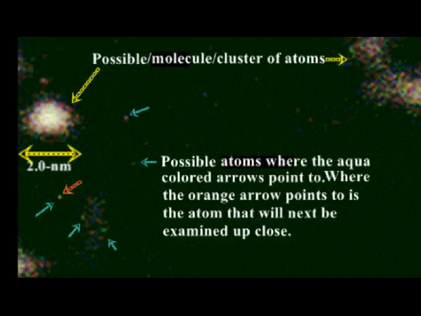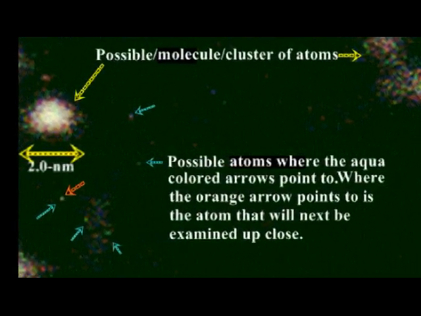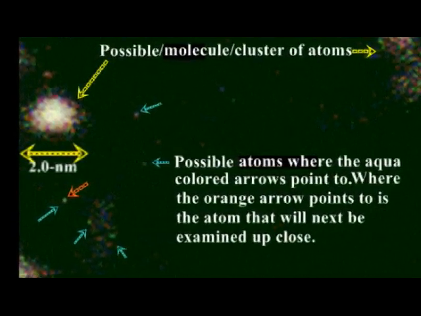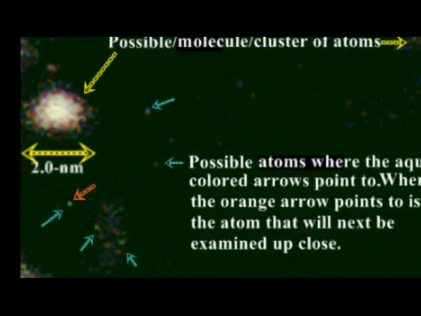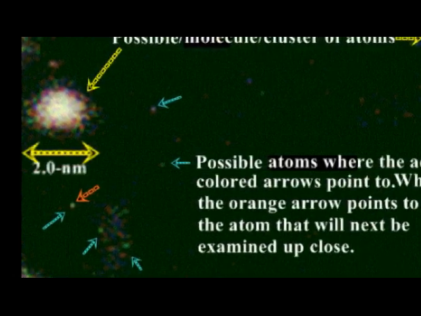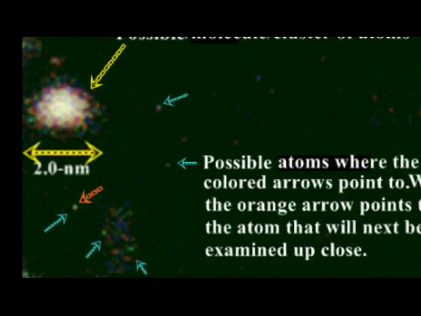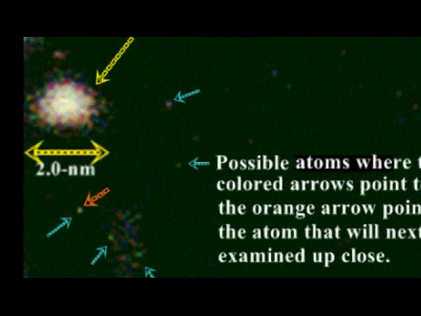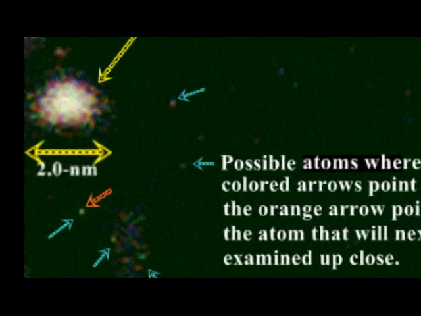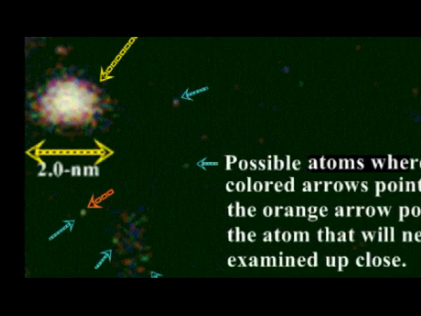However, the aqua-colored arrows are possible atoms where the aqua-colored arrows point to, as I reiterate, and where the orange arrow points to an atom that will be examined up close. However, we see the aqua-colored arrows pointing to other molecules or clusters of atoms.